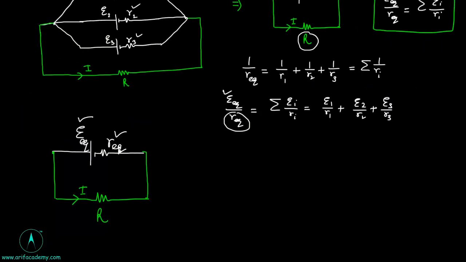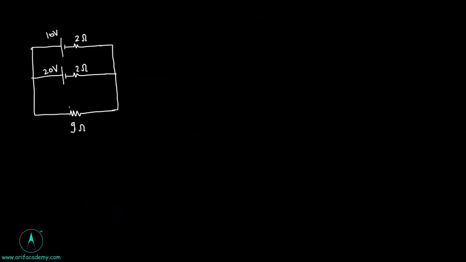And now, how to find the current in the circuit. The current in the circuit I equals E equivalent upon R equivalent plus R, where we know how to find E equivalent and R equivalent. So we are going to take some examples.